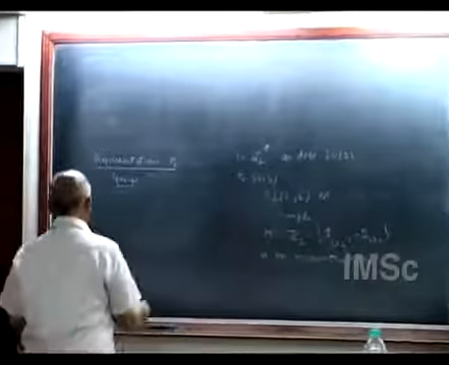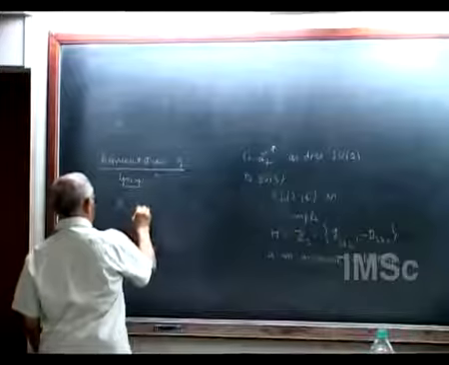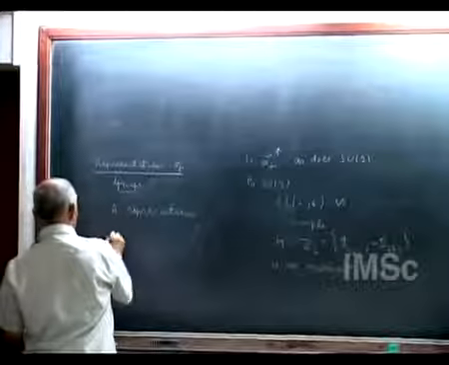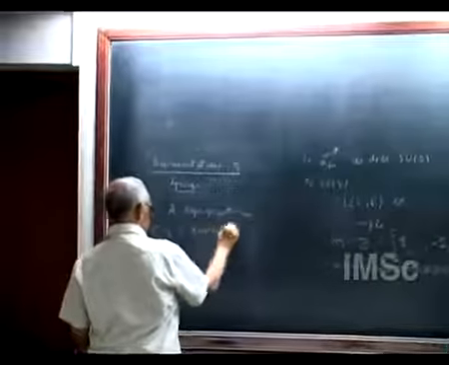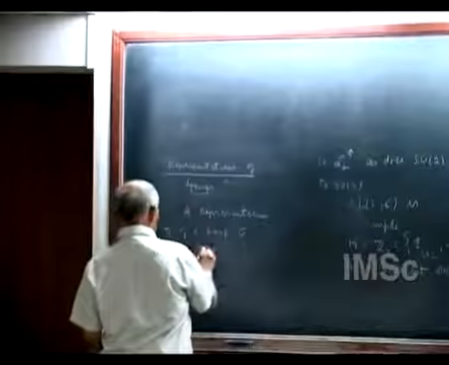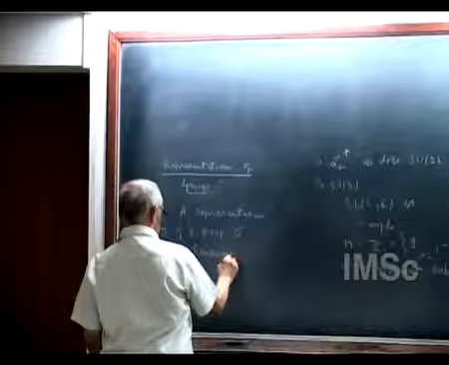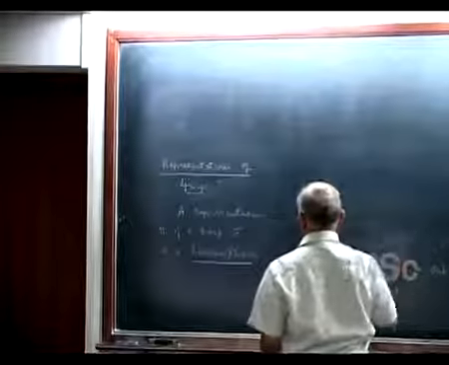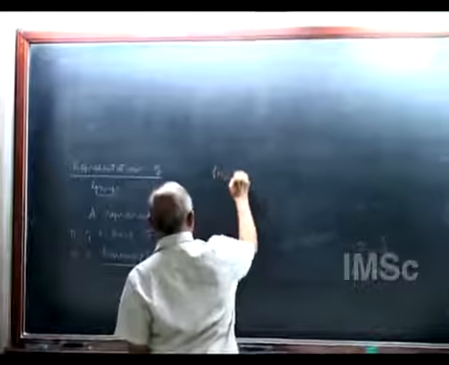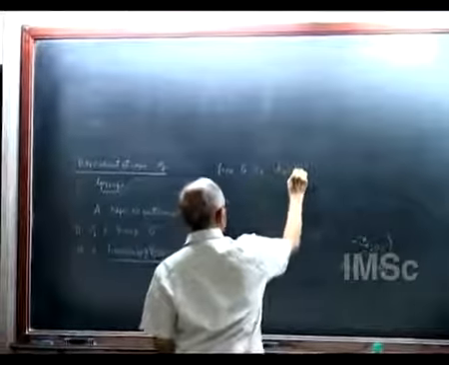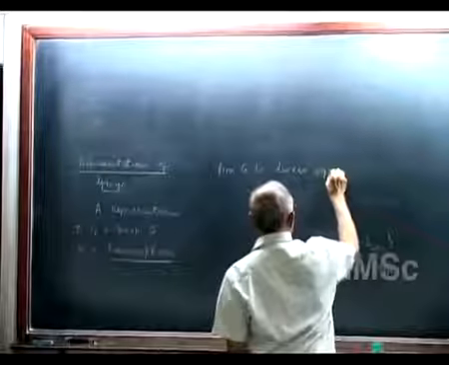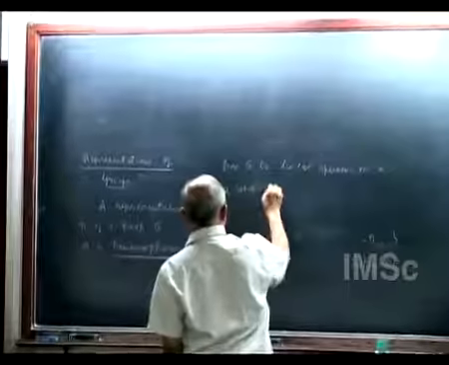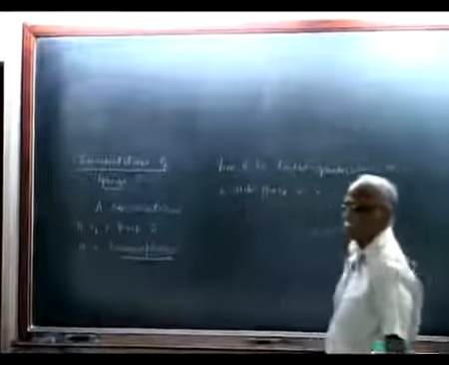So, what is it? Okay. A representation, let me call it pi, of a group G is a homomorphism from G to linear operators on a vector space, call it V. Okay.